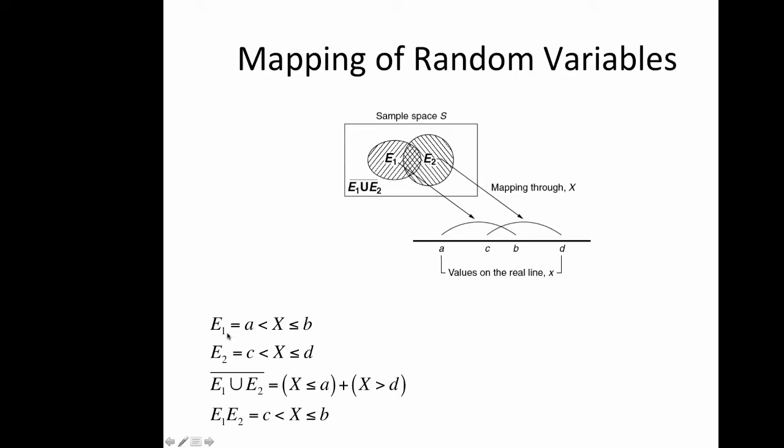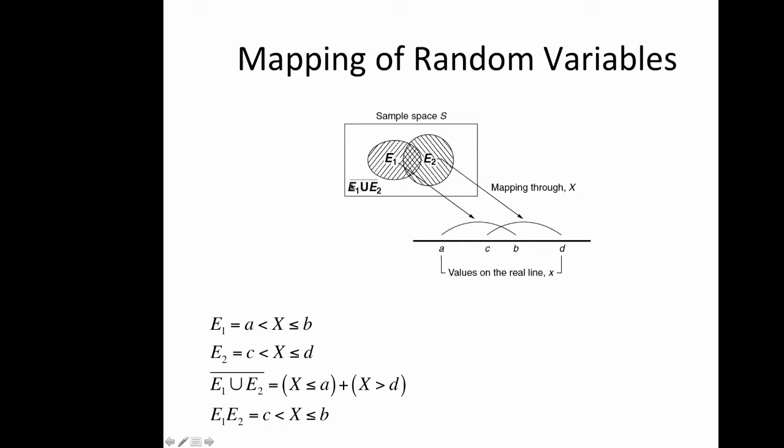We could say that event 1 can take on values that are less than or equal to b, but greater than a. So event 1 would have numeric values in this range. Event 2, likewise, can take on values that are less than or equal to d, and greater than c. So event 2 could be represented by this range on the real number line.